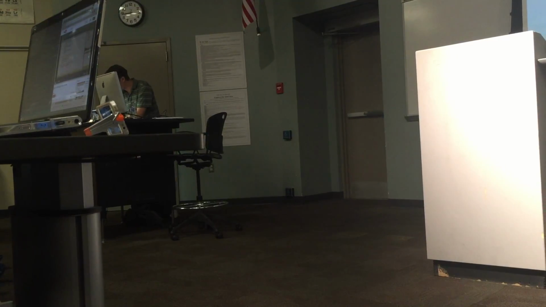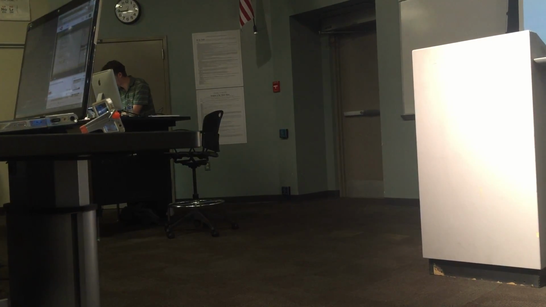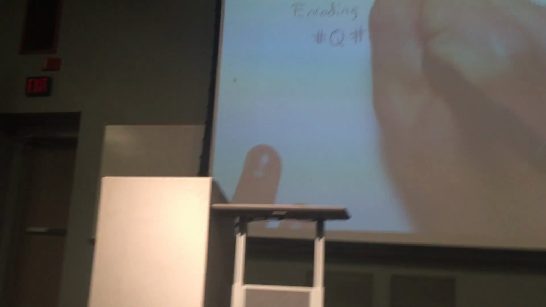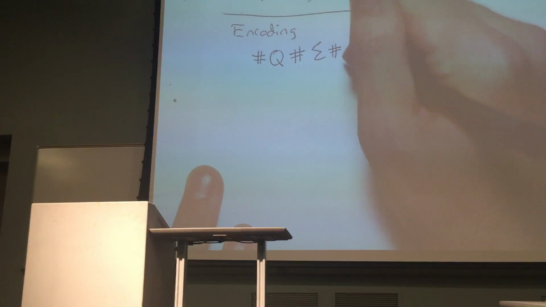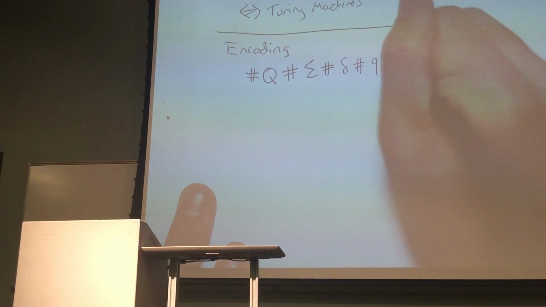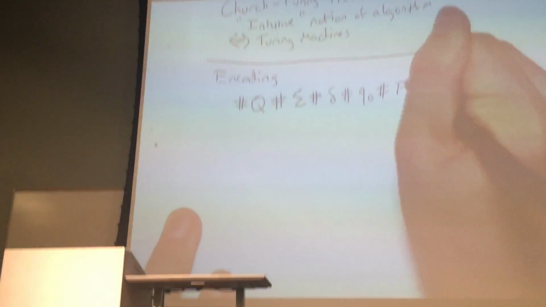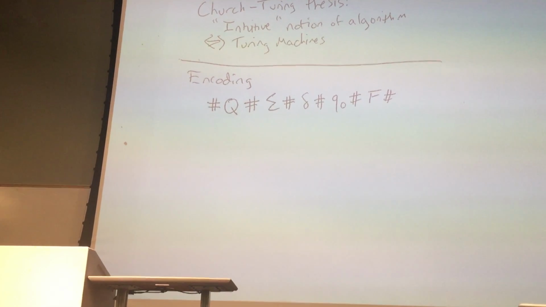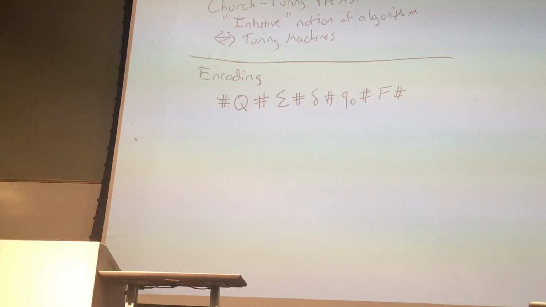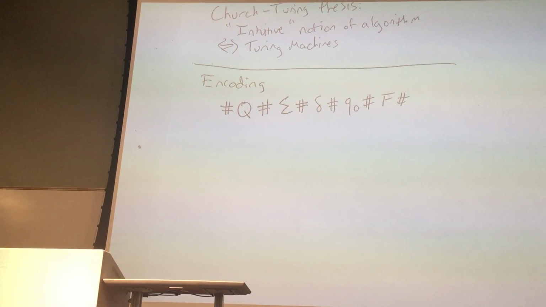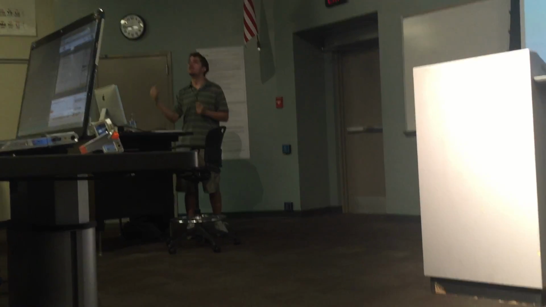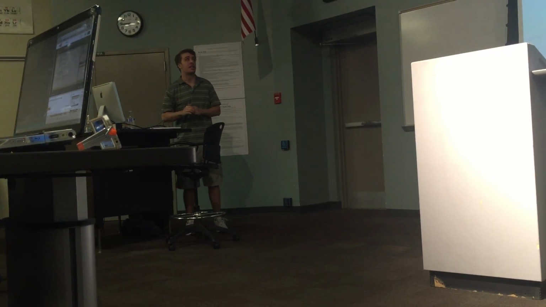But I think a really easy one is that we can just separate each of the 5 elements in the tuple with a separate symbol like the pound sign. And so by writing each of the elements of the finite sets onto the tape, I've given this Turing machine a description of what the DFA actually looks like.